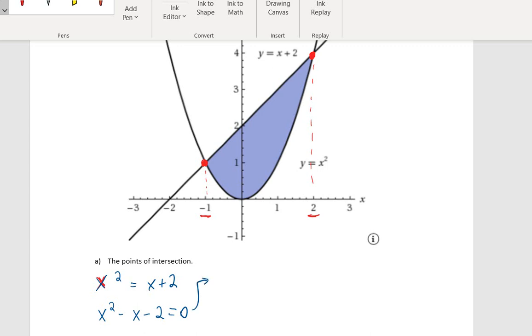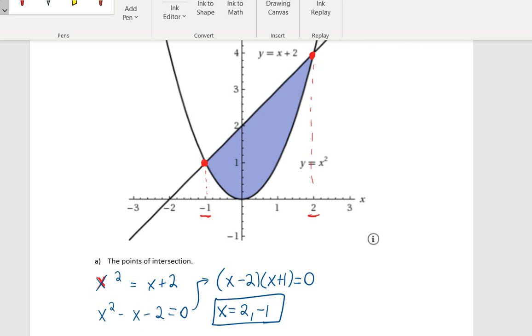When we factor this, that's going to be x minus 2 times x plus 1 equals 0. So my x values have to equal 2 and -1. Great, so I know that's going to be the interval I'm looking at for my integral.